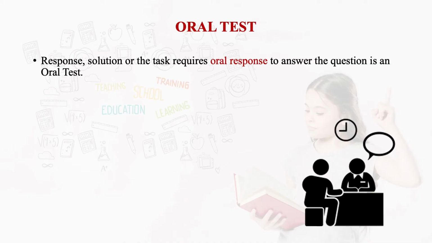Before differentiating these two, let me discuss the concept of an oral test. So friends, a response, solution or task that requires an oral response to answer the question is an oral test. So oral test means many a time we involve in many interactions.